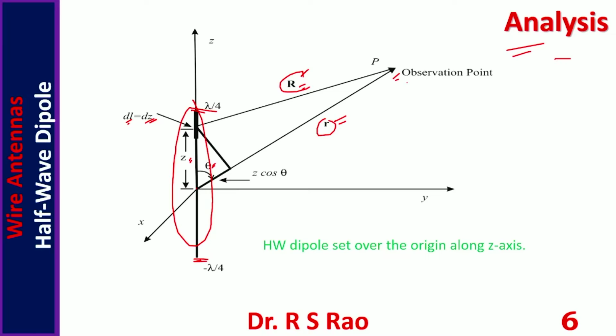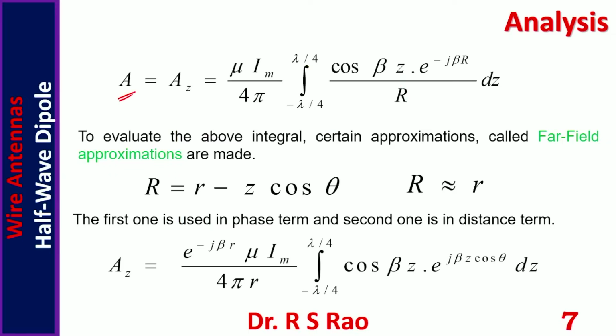First, we consider small length radiator dl equal to dz. From that, we slowly move to find field intensity due to this radiator at point P, field point P. First, we try to evaluate A. A stands for vector potential. As current is entirely in z direction, vector potential also remains entirely in z direction.